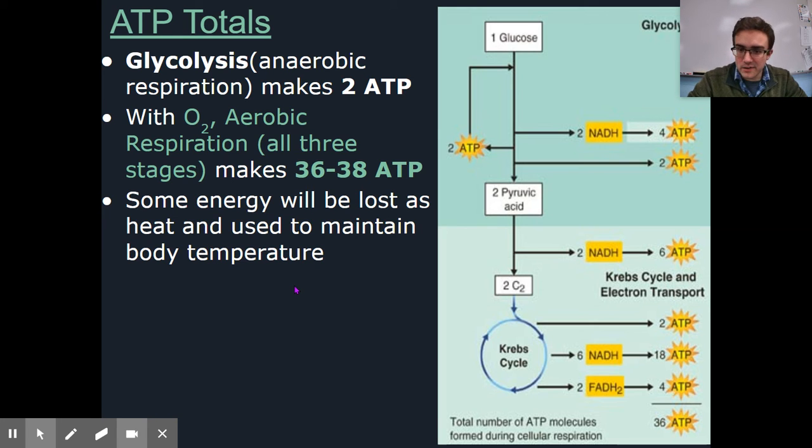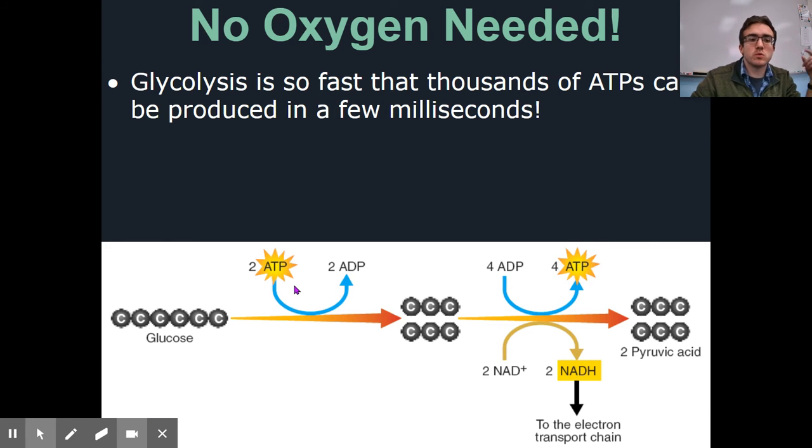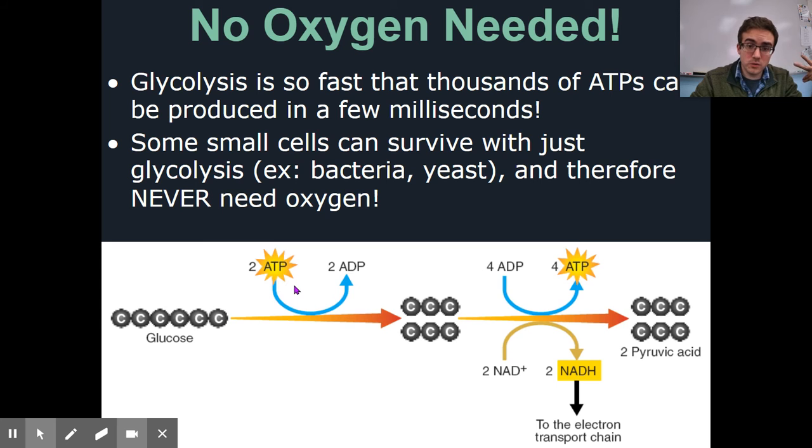So what about anaerobic respiration? If we don't have oxygen, what happens? If we don't have oxygen, we just repeat glycolysis. Now, as glycolysis only produces 2 ATP, it's not very efficient, but it can happen very quickly, to the point where it's producing thousands of ATPs every second.